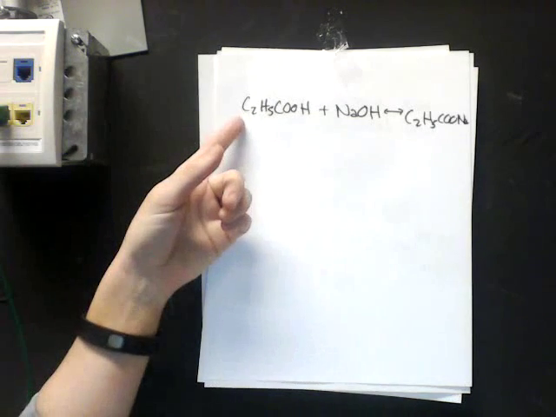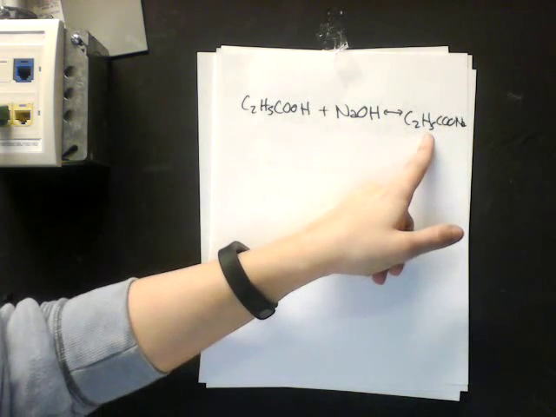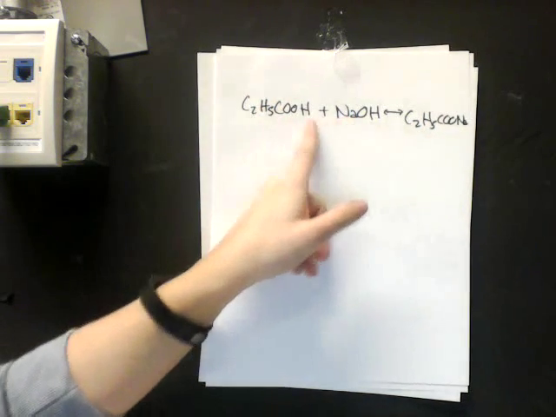I have this initially, I'm adding NaOH, and then I'm forming at the end this plus Na. And what else is the other thing? It's water, right? The other product is water, but I'm not adding it here because you don't need it for an ice chart. But this is a slightly different ice chart. What are we starting out with initially? What is the pH after the addition?